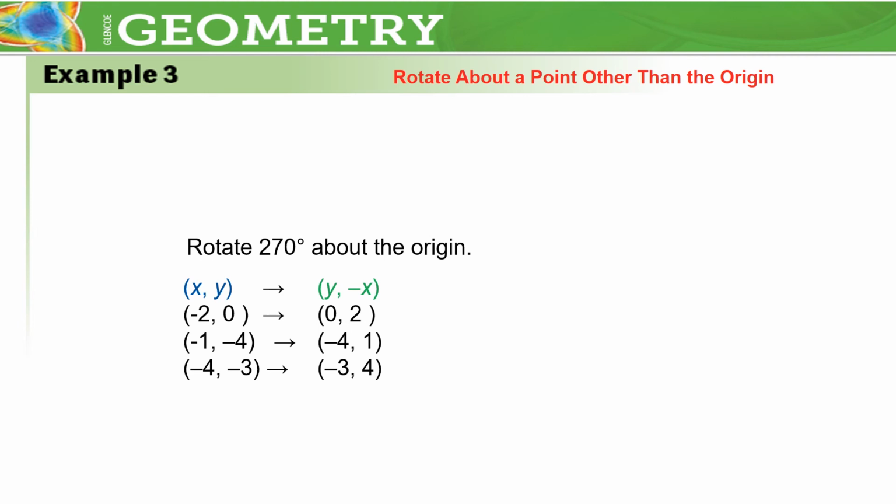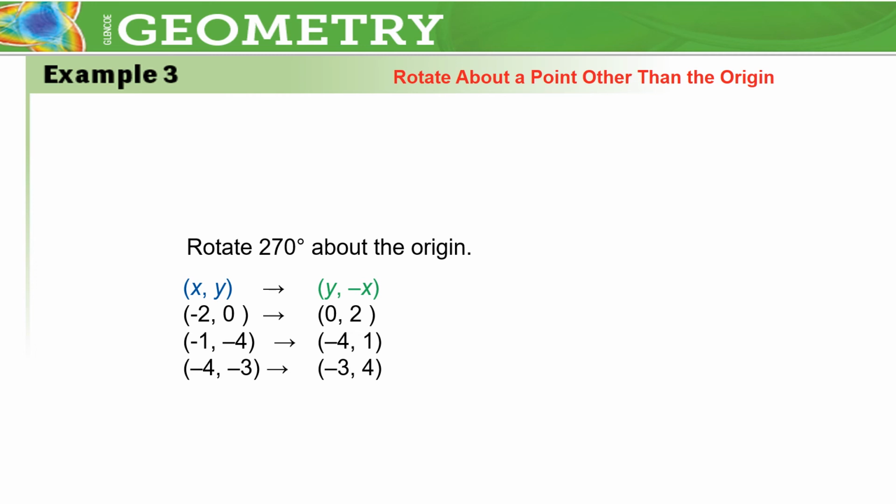For example, your first point negative 2, 0. First, change the sign of negative 2 will be 2, or in other words, negative 2 times negative 1 will be 2. Then interchange your numbers, so your image will be 0, 2. Next point, negative 1, negative 4.